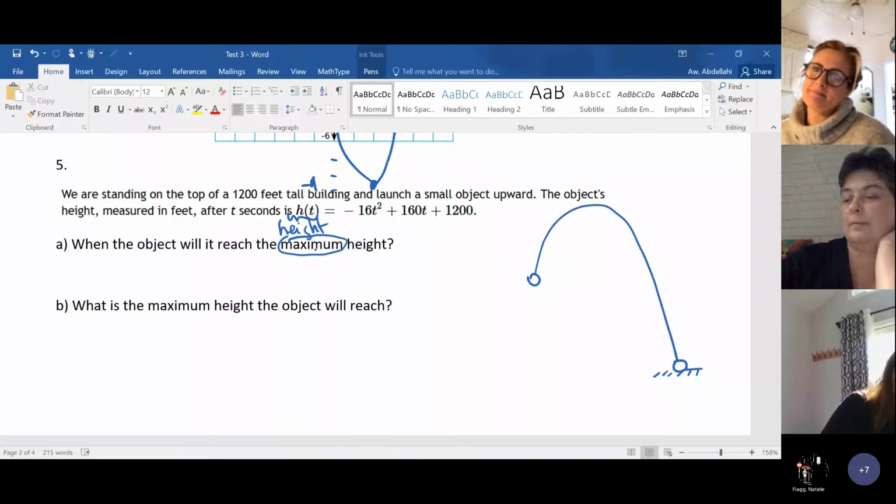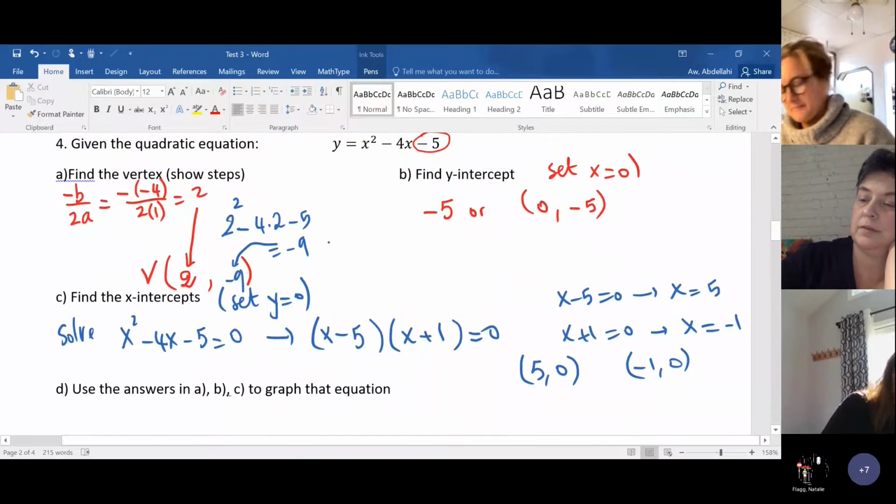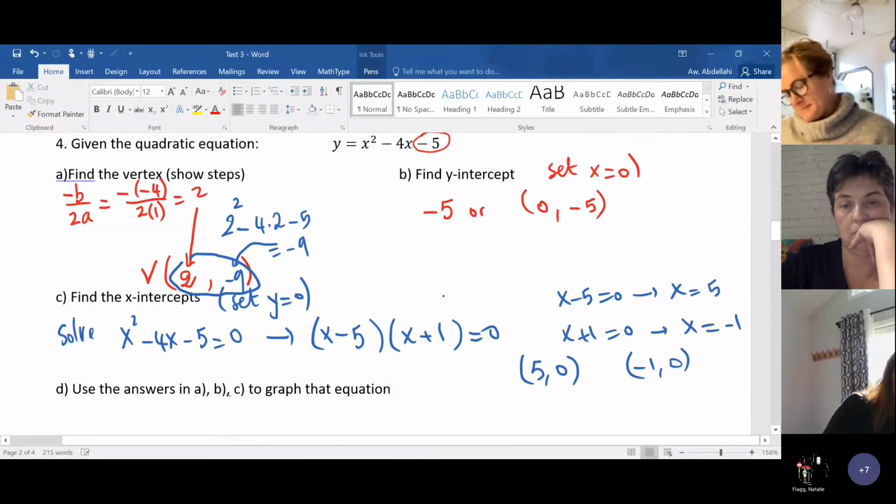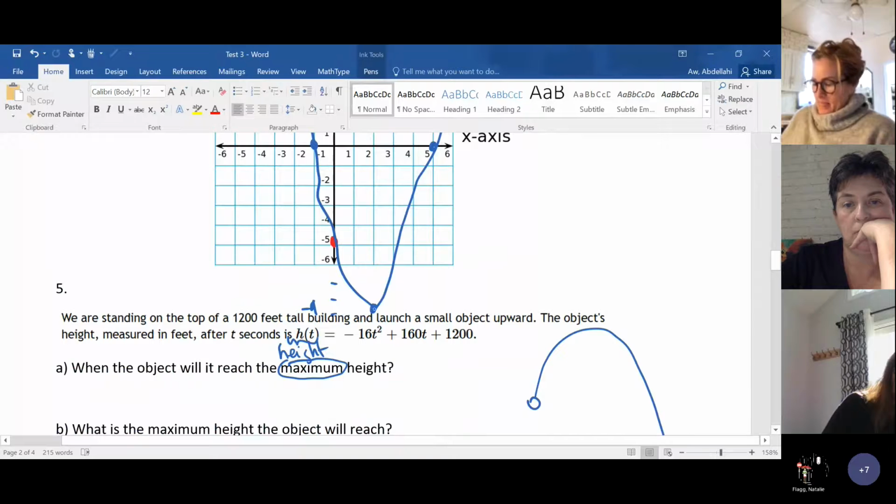Look, the first vertex we have found is (2, -9). That's the vertex we found here. When I ask what is the minimum here, is it the 2 or the -9?